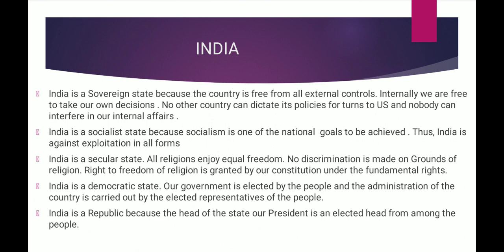India is a democratic state. Our government is elected by the people, and the administration of the country is carried out by the elected representatives of the people. This means the state government or the central government. The representatives of the state government are MLAs and the representatives of the central government are MPs.